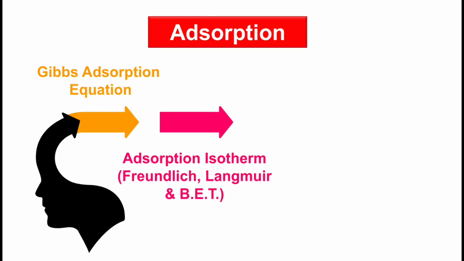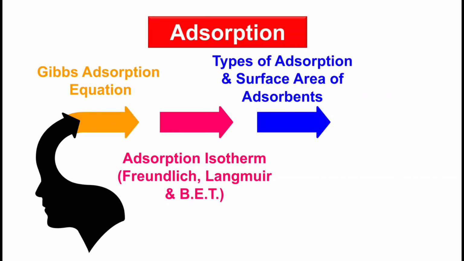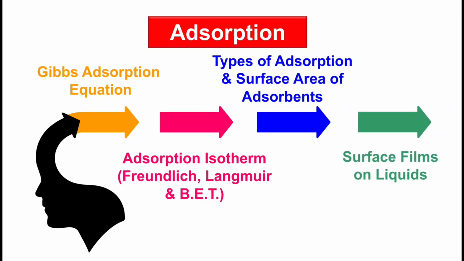Then we have various forms of adsorption isotherms such as Freundlich adsorption isotherm, Langmuir adsorption isotherm and Brunauer-Emmett-Teller, in short form called BET adsorption isotherm. Then we have the types of adsorption and surface area of adsorbents, surface films on liquids. So these parts are important under the heading of adsorption.